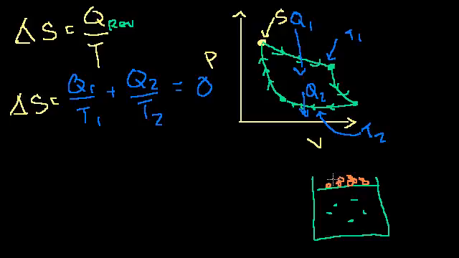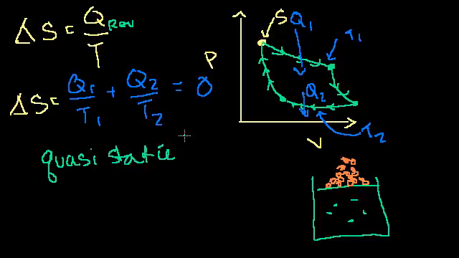I just moved grains of sand, so that the system was always really close to equilibrium. And that's called quasi-static, and I've defined that before. That means you're always in a quasi-equilibrium, so your state variables are always defined. But that by itself does not give you reversibility. You have to be quasi-static and frictionless.